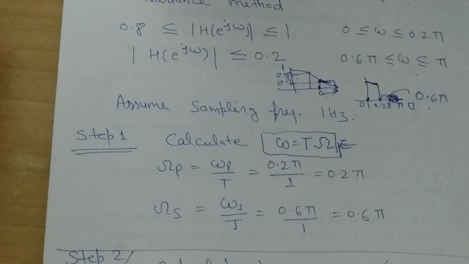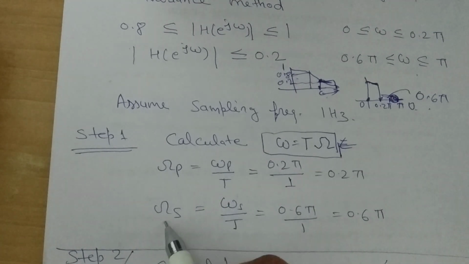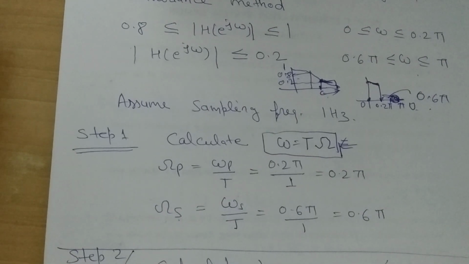So from this relationship you can find the corresponding analog pass band frequency as well as the analog stop band frequency. Because the sampling time is not given in the question, you may assume the sampling time is equal to 1 second.